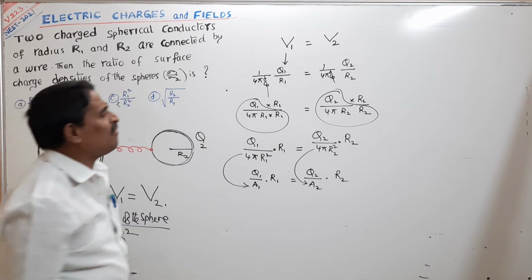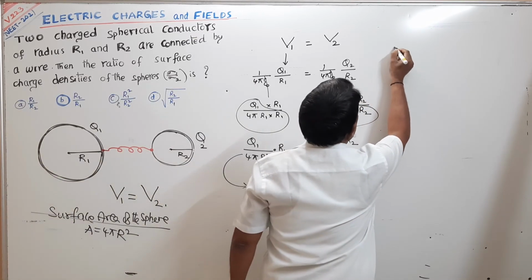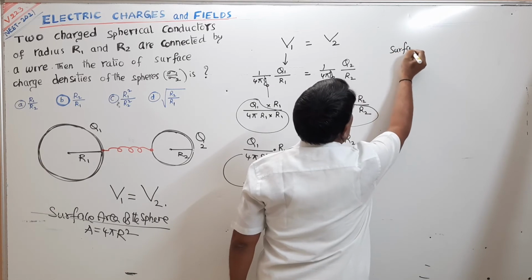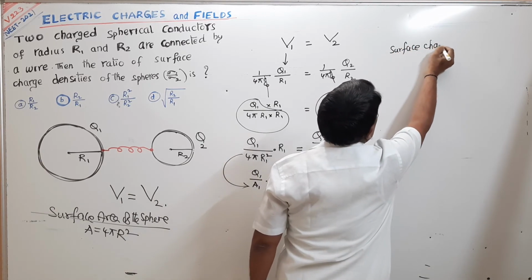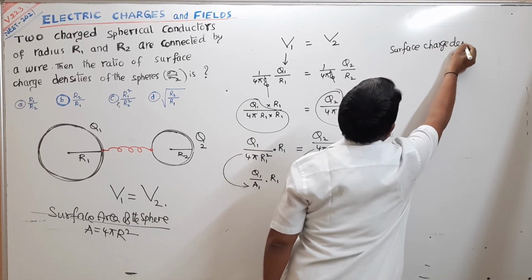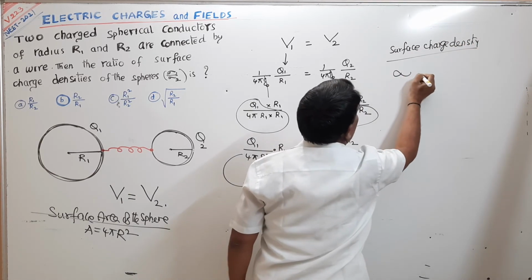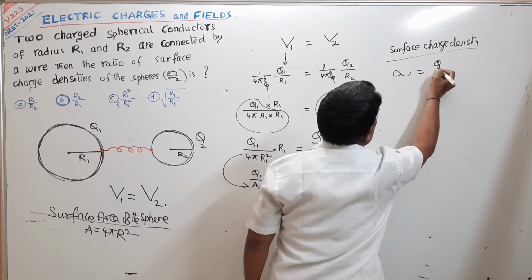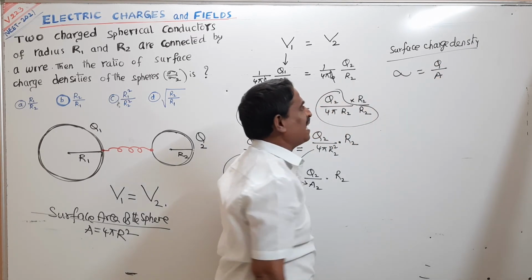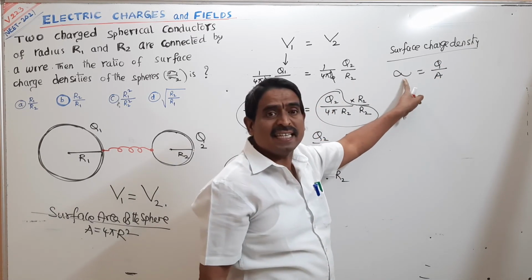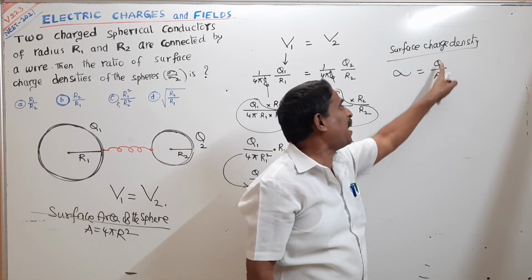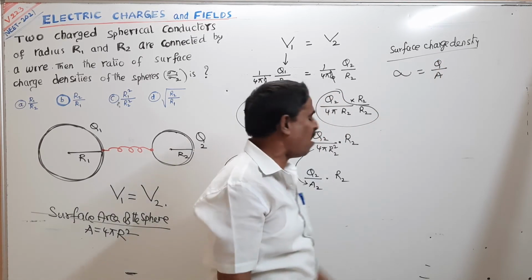You know very well the surface charge density formula. Sigma is equal to Q by surface area. Surface charge density is equal to charge per unit area.